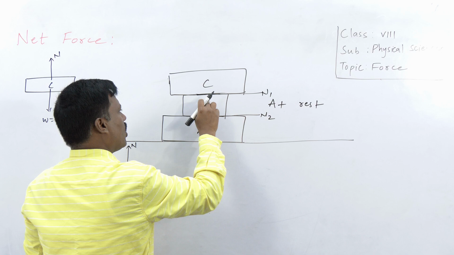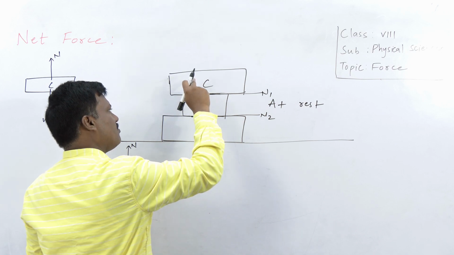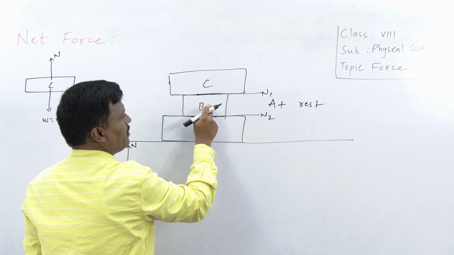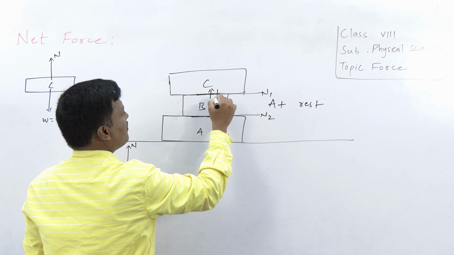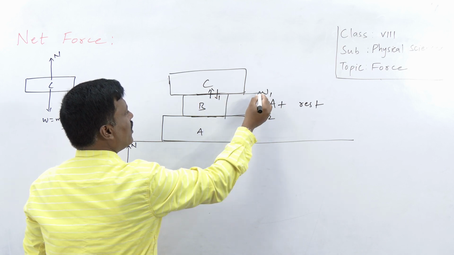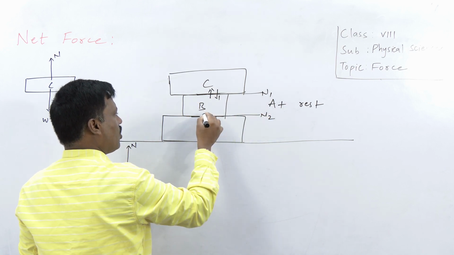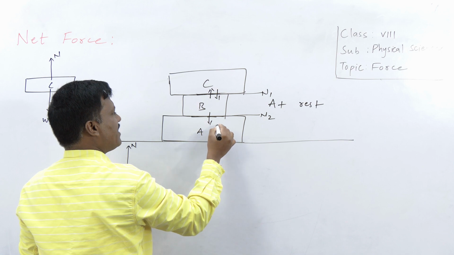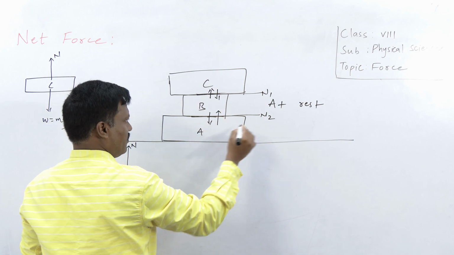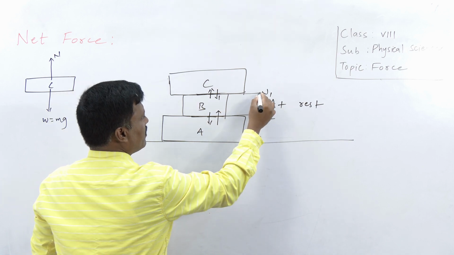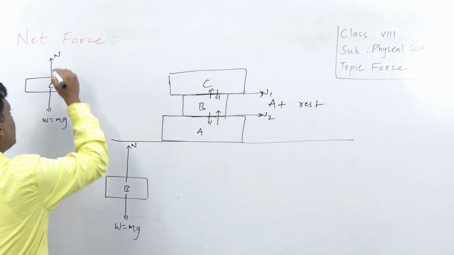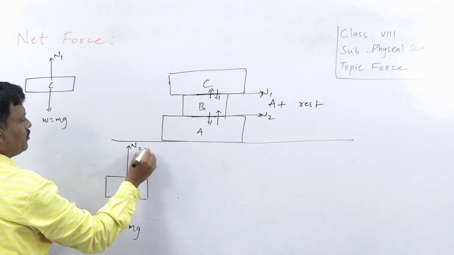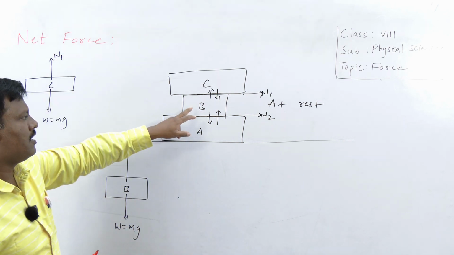That means block B exerts N1 force on block C, and block C also exerts N1 force on block B. Both exert force on each other. Similarly, block B exerts force on block A, and block A also exerts a normal force on block B, which I take as N2. So here this force is N1 and here N2. These both are different.